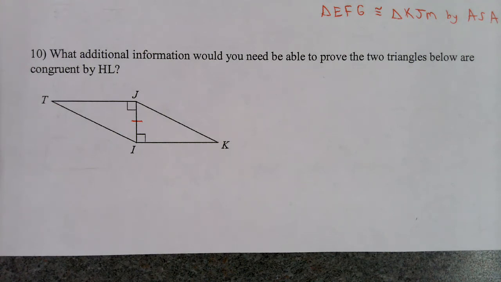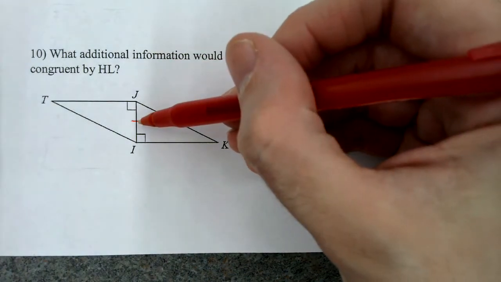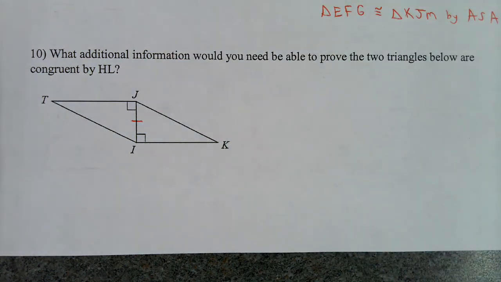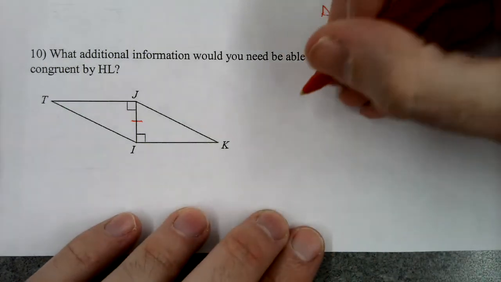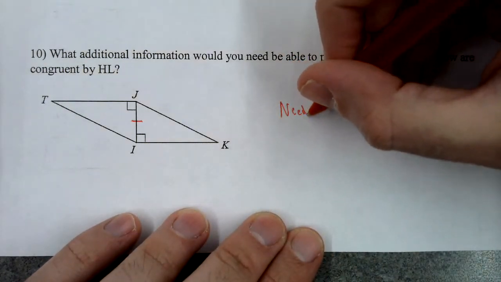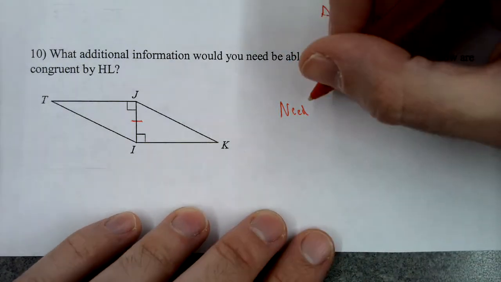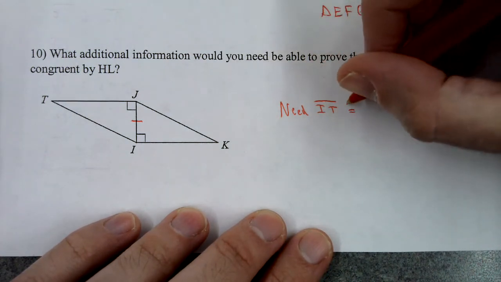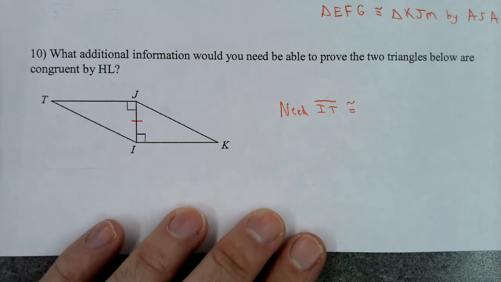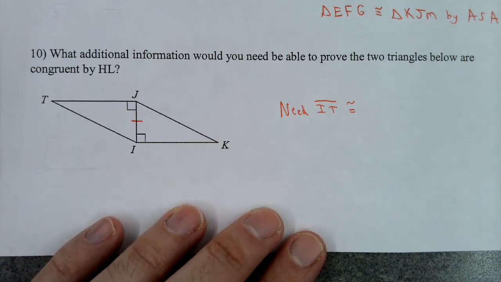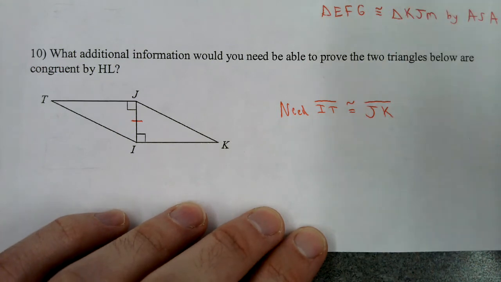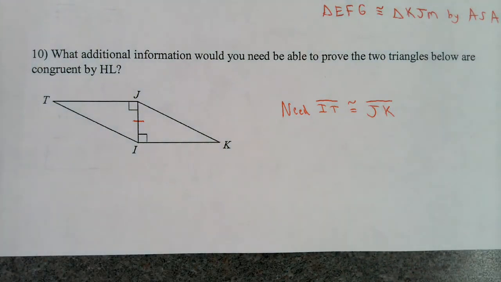You already know the leg is congruent to itself, and you already have the right angles. So what you need is for the hypotenuses to be congruent. You need to know that IT is congruent to JK. If you have the hypotenuse congruent, then you could say the two triangles are congruent by HL, hypotenuse leg.